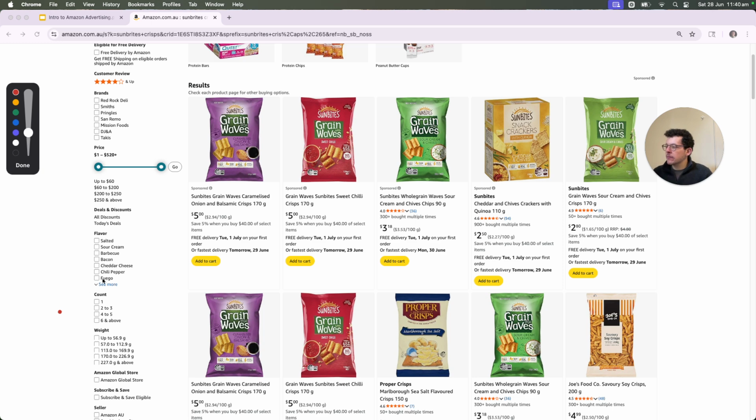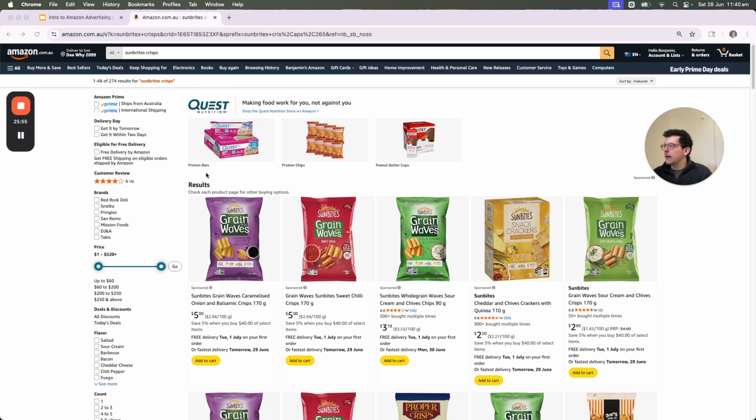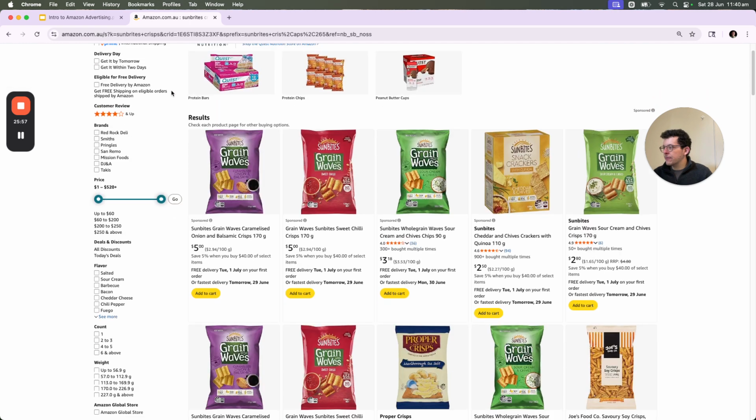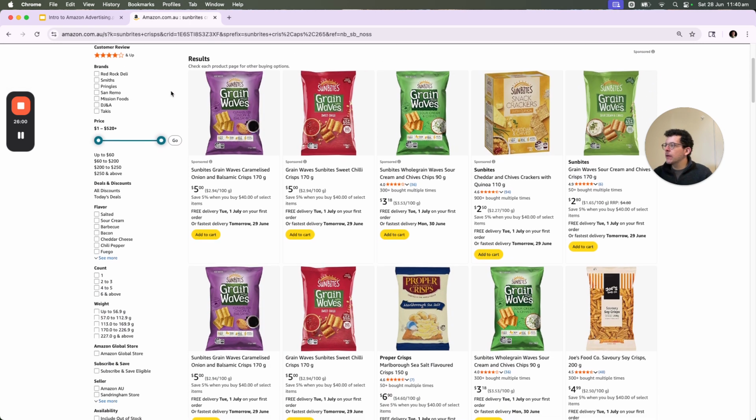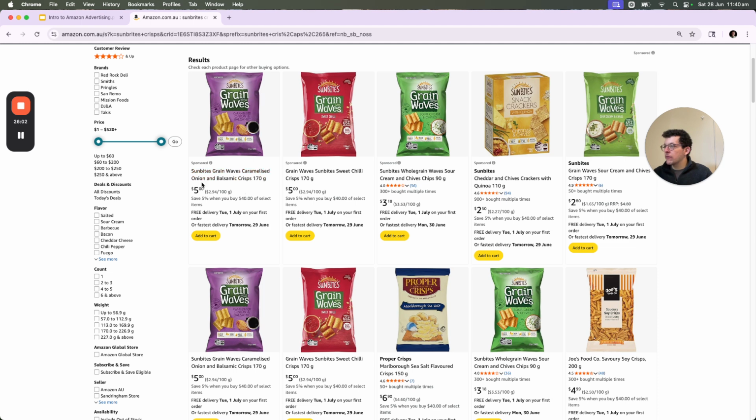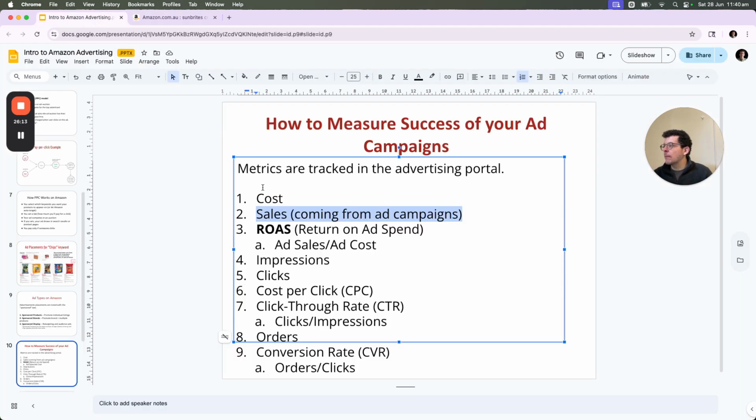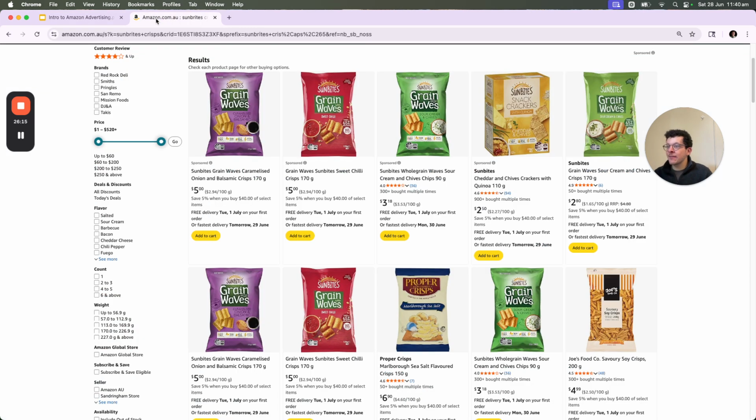So if I'm a customer, I type in Sunbright crisps. It comes up here. If I click on this placement, the brand Sunbrights will get charged. And then if I buy the product after clicking on this ad, it will come up as an advertised sale in the advertising platform.